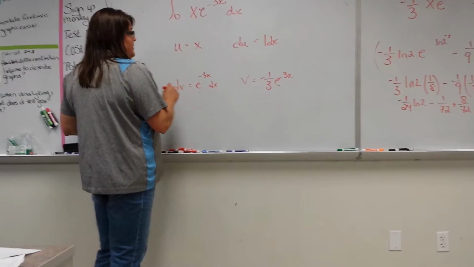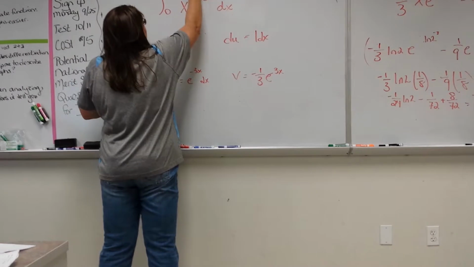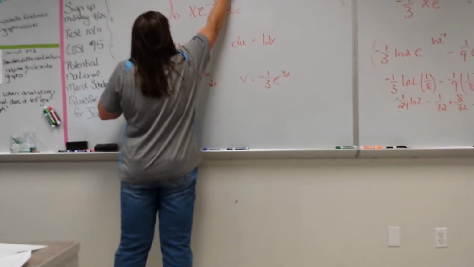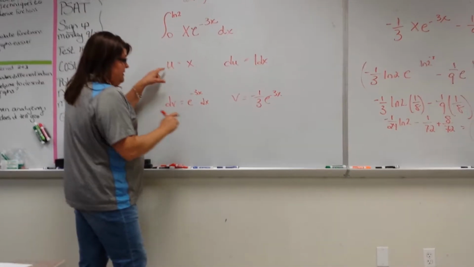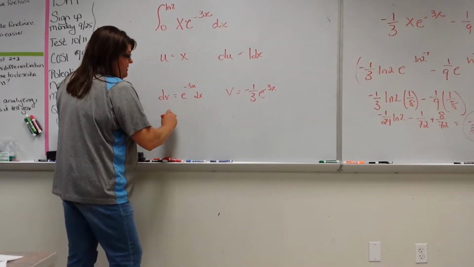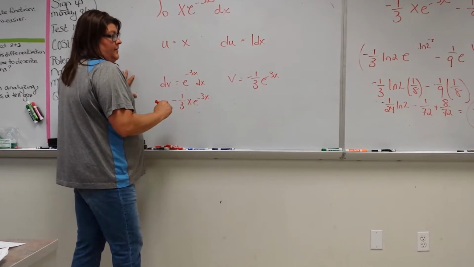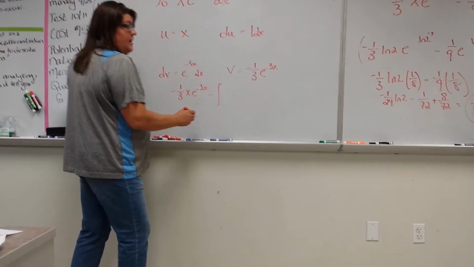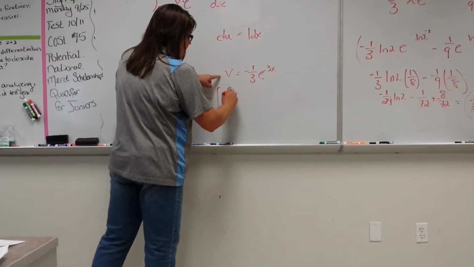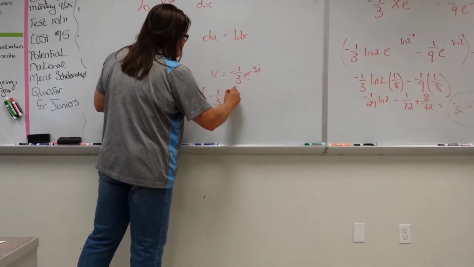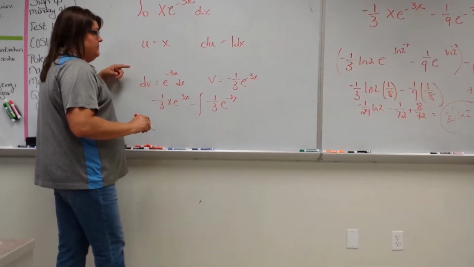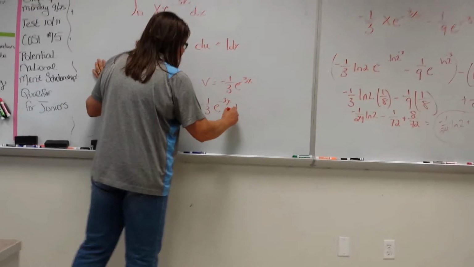Now, you're going to do uv minus the integral of v du. So this times this, negative 1/3 x e to the negative 3x, so far so good, minus the integral of v, negative 1/3 e to the negative 3x, and then du, which is dx.